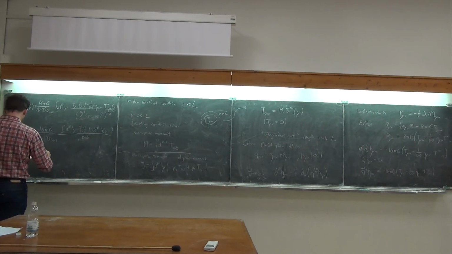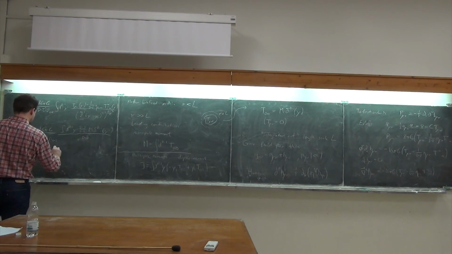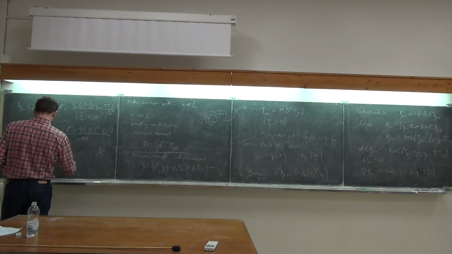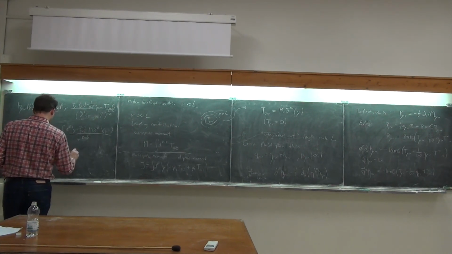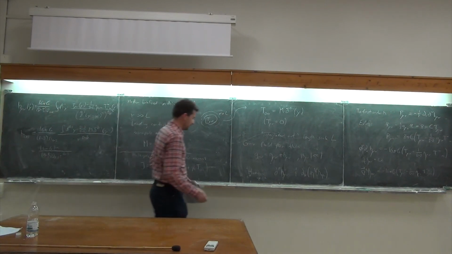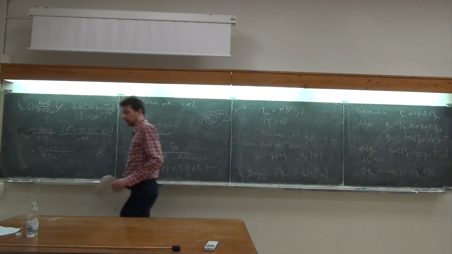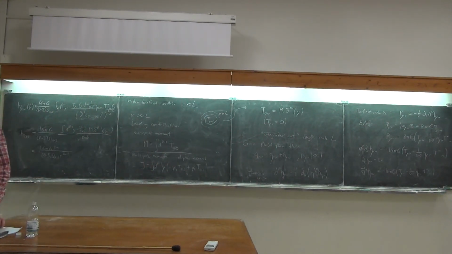So I derived that this is 16 pi m over (d minus 2) Omega_{d-2} r^{d-3}. And this, in 4 dimensions, is what I used in the first lecture, which can tell you what the mass of the black hole is. Right?